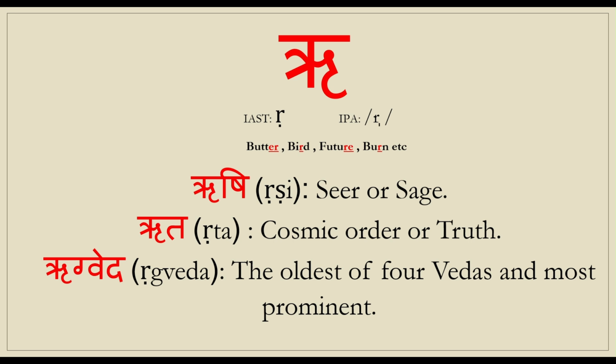Moving forward, our next vowel is the Dirgha version of the previous vowel, that is ṝ. It is of double duration than the previous short ṛ in IST, represented by r having a dot beneath it and a macron above it.